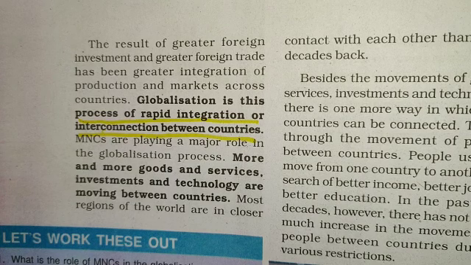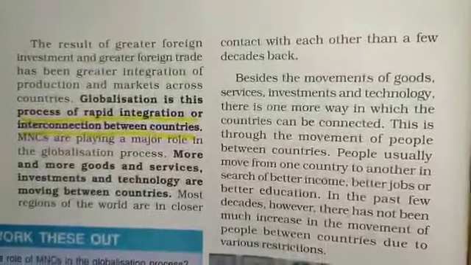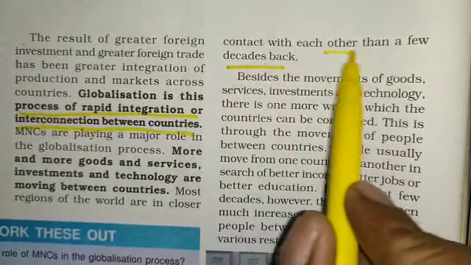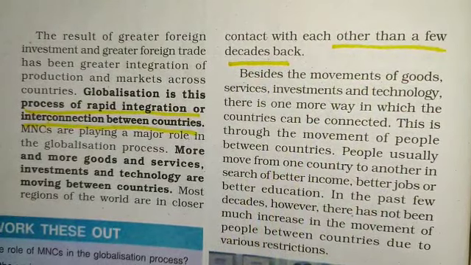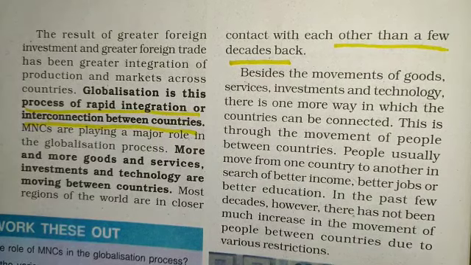MNCs are playing a major role in the globalization process, with more and more goods and services, investment and technology moving between countries. Most regions of the world are in closer contact than a few decades back. We are saying that countries have become easier to reach, which means they have become very near.